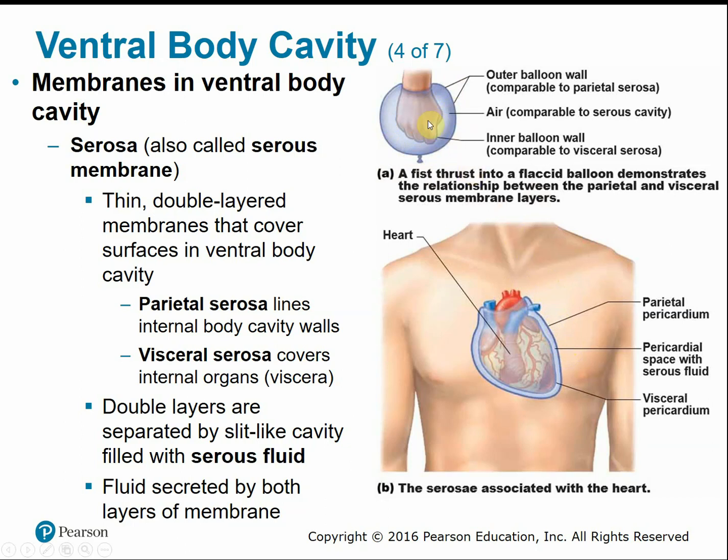The inner balloon wall that's clinging tightly to the surface of your hand is representative of the visceral serosa, covering the actual surface of the organ. These double layers are separated by a small cavity filled with serous fluid. The serous fluid helps lubricate, insulate, and protect these organs.